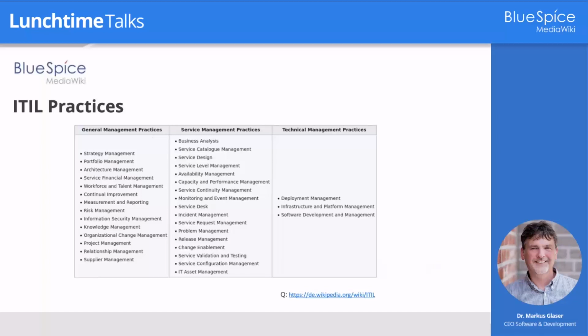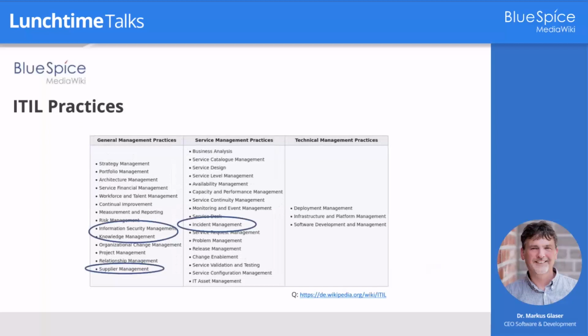So instead of iterating through each of those practices, and I guess you all agree that is not a very fun part, I decided to pick a few and focus on the mechanisms behind them. Obviously, the wiki is good at knowledge management, so we can check how that works.